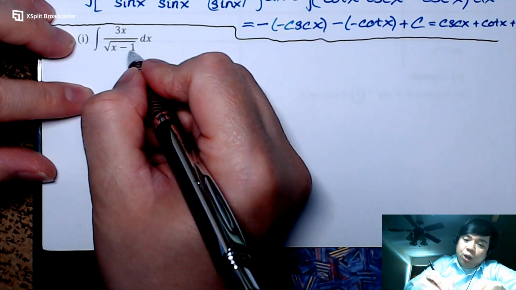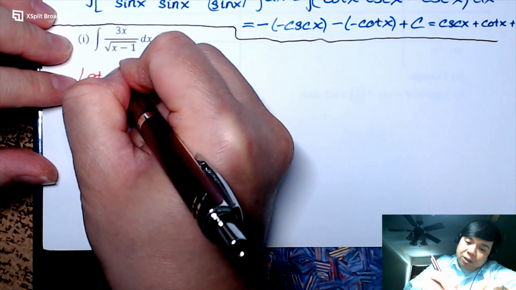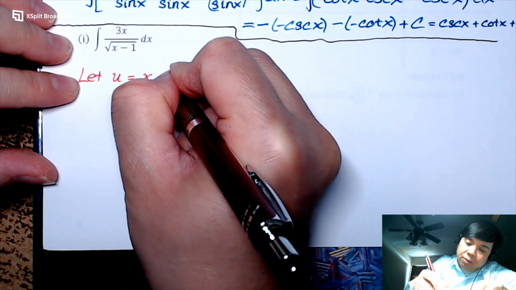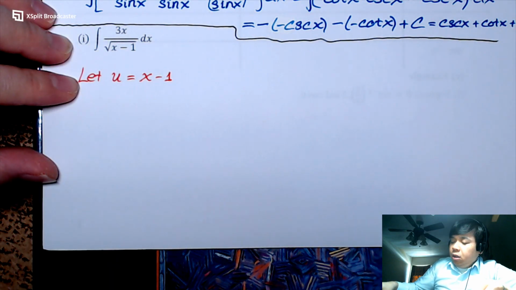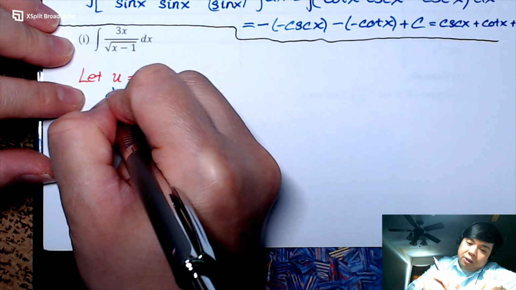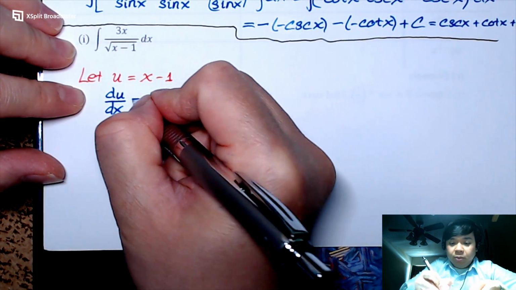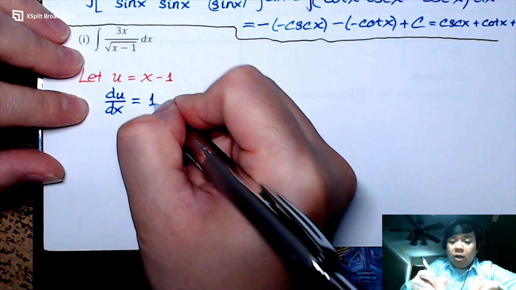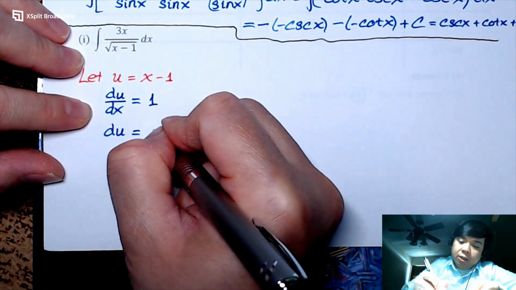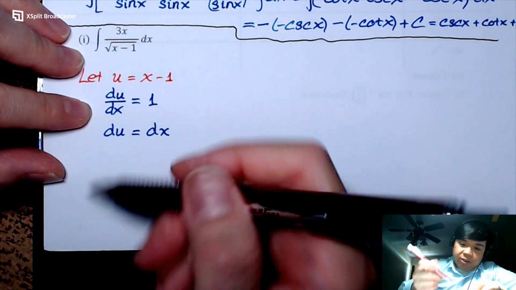Okay, u equals x minus 1, and we take the derivative because we need to solve for dx. The derivative will be just 1, move the dx over. So du is equal to dx. Simple enough.